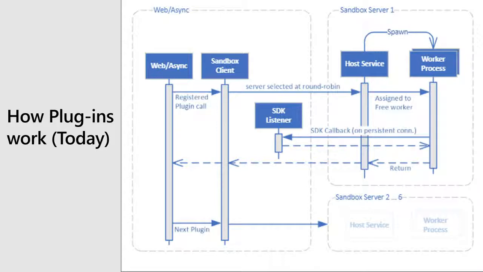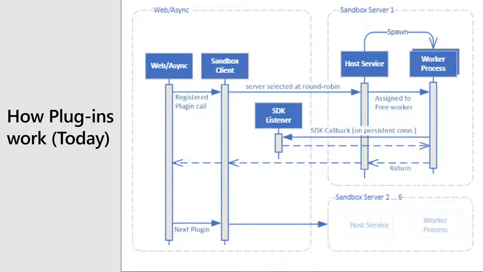There can be several, 2 to 6 different sandbox servers, and the sandbox client, through a round-robin process, will select one of these sandbox servers, which will then talk to the host service. And when this data is passed between these two servers, it is serialized. So if people sometimes get errors saying this object was non-serializable, this is where it's breaking. All the data, context and information that gets passed between these has to be serialized.